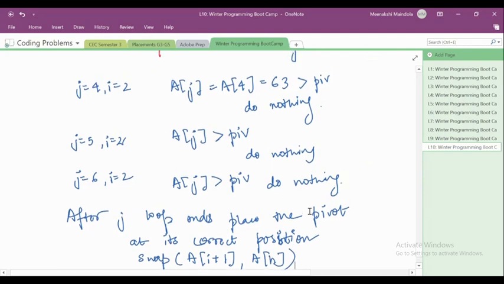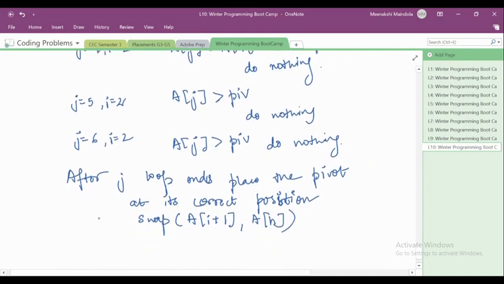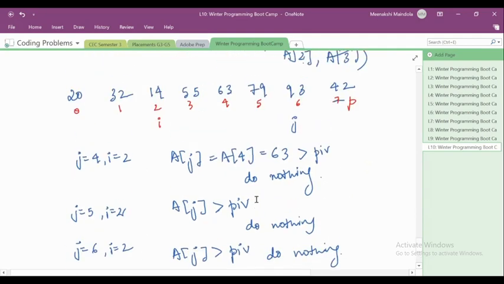I is currently at 2, so that means A of 3. You swap A of 3 and A of h, which is 7, where the pivot element is stored. So you swap A of 3 and A of 7.